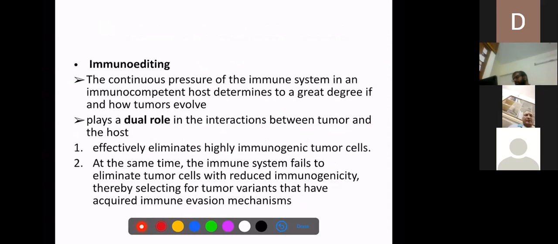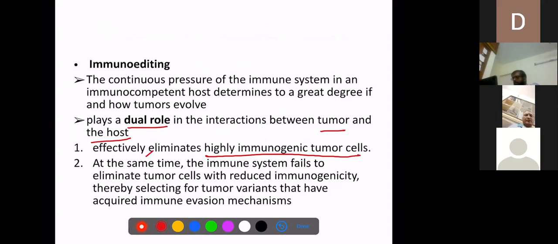What is immunoediting? The immune system puts continuous pressure on the tumor as it is evolving, so it plays a dual role between the tumor and the host. What is the first role? It effectively eliminates highly immunogenic tumor cells. The first role is a protective role.